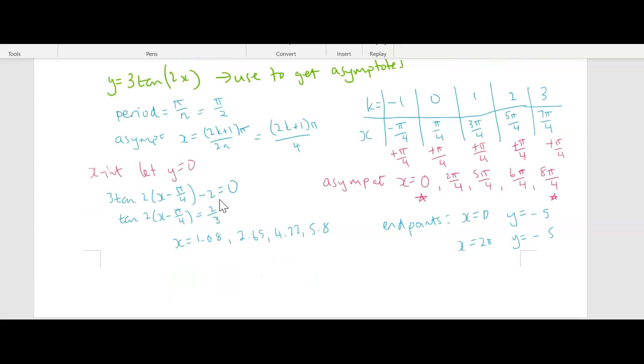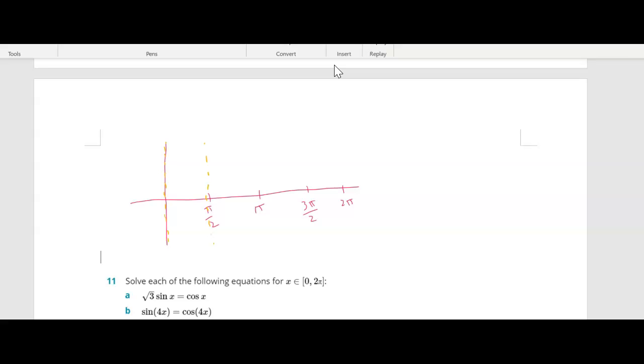I've just realized I've made a mistake because when I did it, I was like, that shouldn't be right. It should be pi. I wonder how many of you actually picked that up when I did it. Probably all of you. Sorry, girls. So that should be 4 pi on 4. The rest are correct. I was like, if it was symmetrical, it should be there, pi. All right, and there's our other asymptotes.